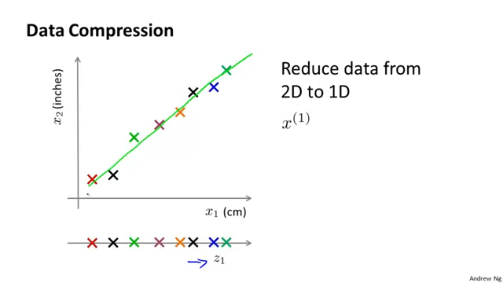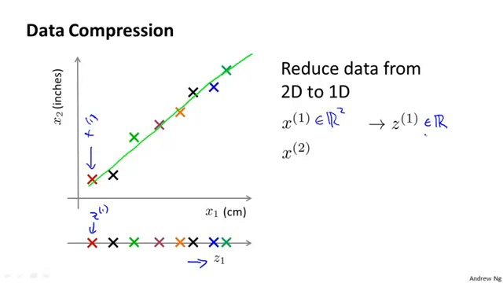And what this means is that whereas previously, if I had an example x1, maybe this was my first example x1, in order to represent x1, originally I needed a two-dimensional feature vector. Instead, now I can use just z1 to represent my first example, and that's going to be a real number.